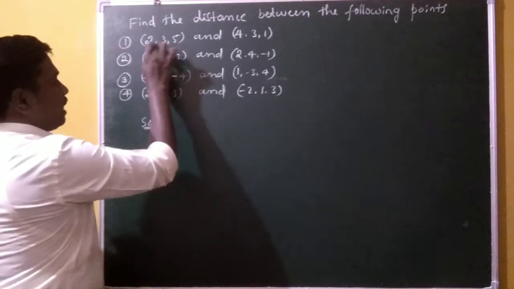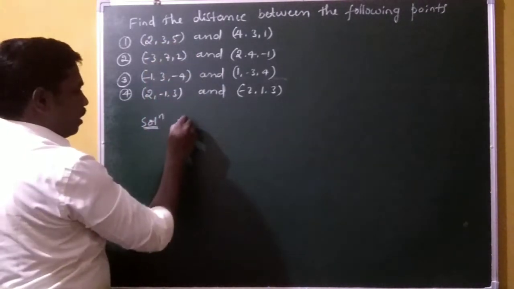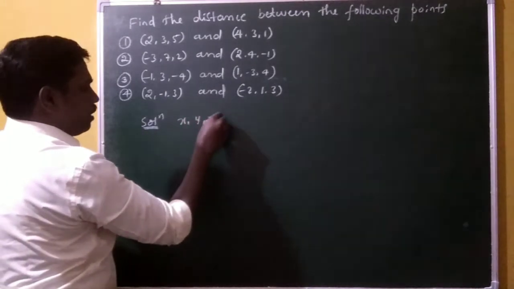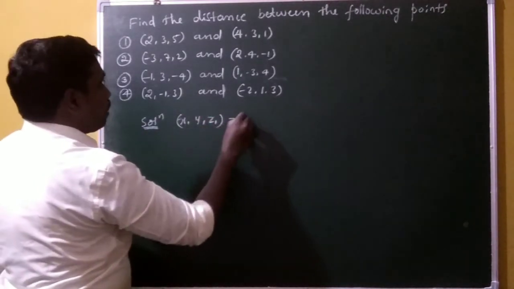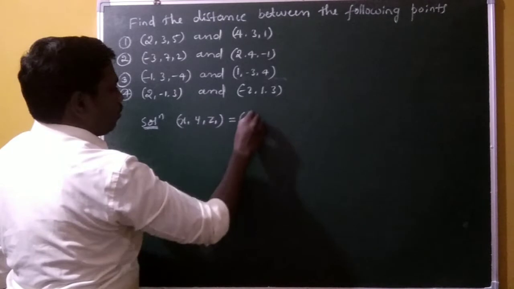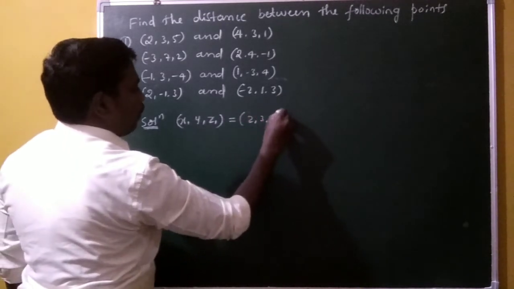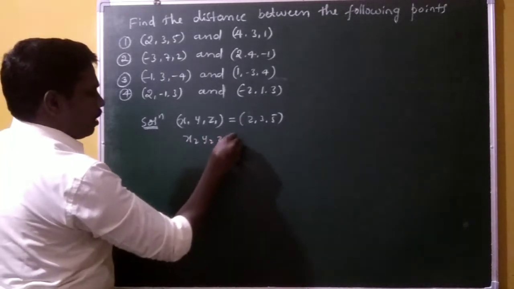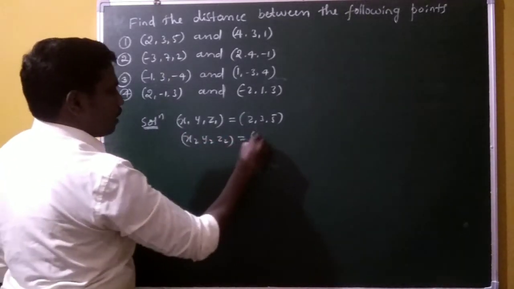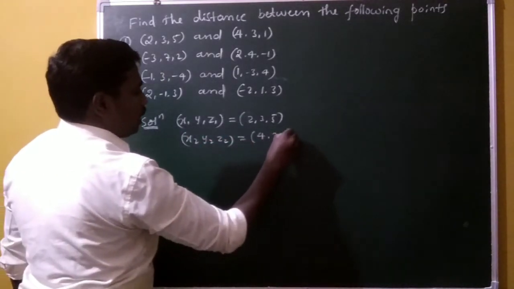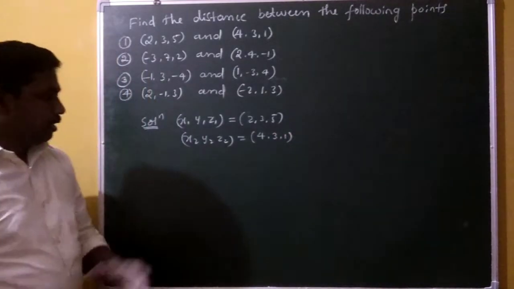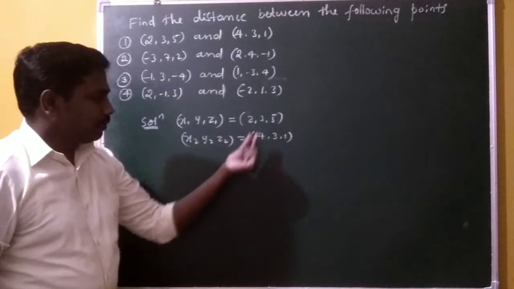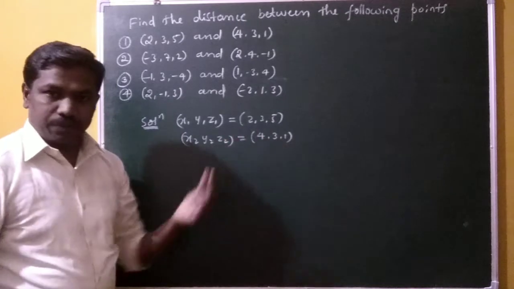So this is taken as x1, y1, z1. x1, y1, z1 is equal to what? 2, 3, 5. And x2, y2, z2 is 4, 3, 1. Right.